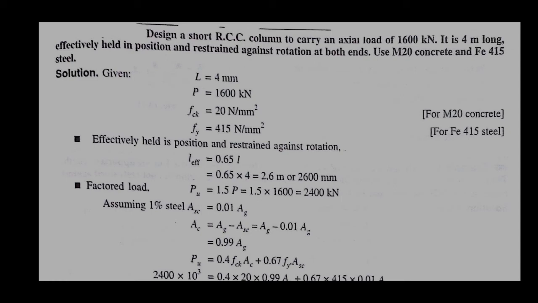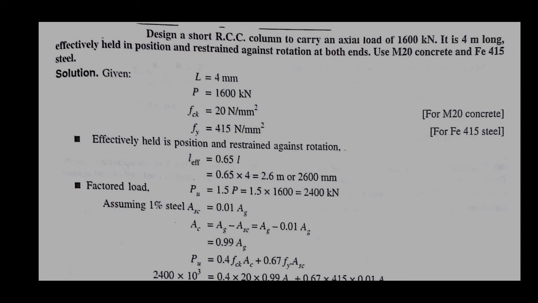So, length L is 4 meter, P axial load is 1600 kilonewton, FCK is 20 Newton per millimeter square for M20 concrete, Fy is 415 Newton per millimeter square for Fe 415 steel. Now, we have to calculate effective length for the end condition effectively held in position and restrained against rotation.